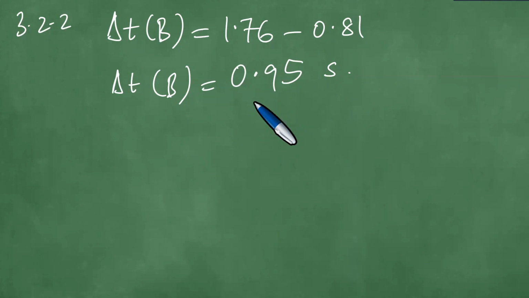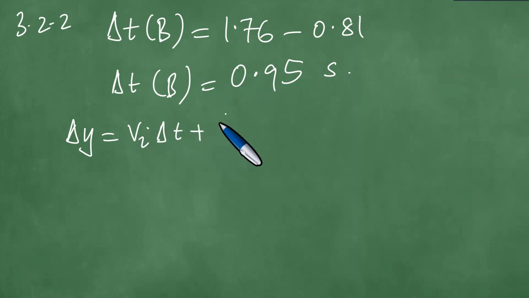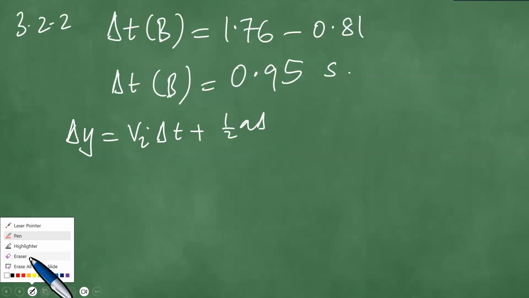So if B is going to be in flight for that much, at what velocity was B thrown if this is the amount of time B took in flight? A couple of things to understand. We're going to use delta Y equals VI delta T plus 1/2 A delta T squared.